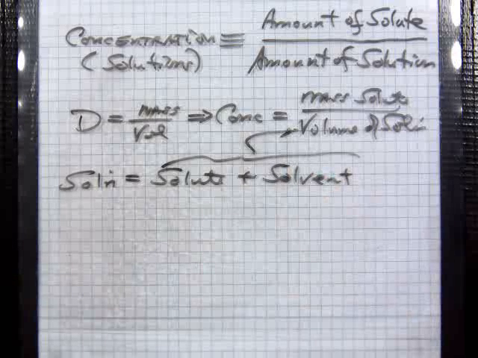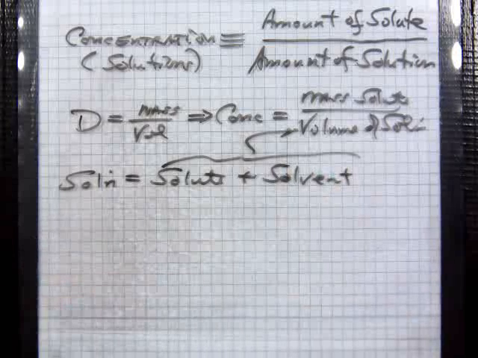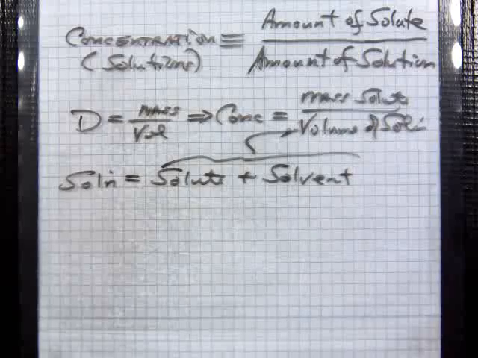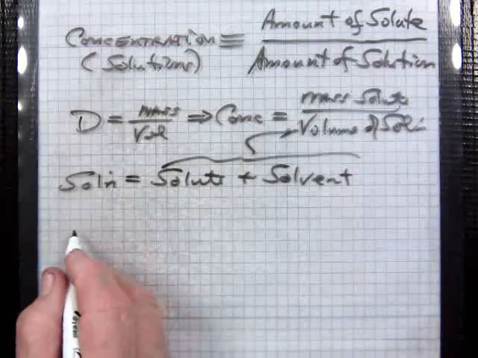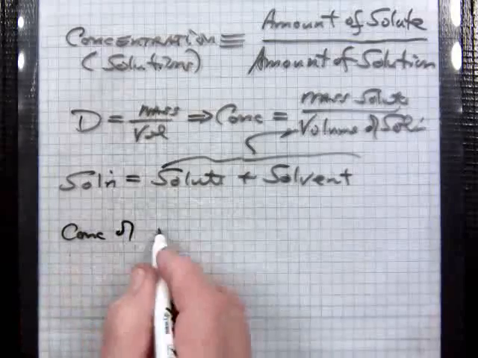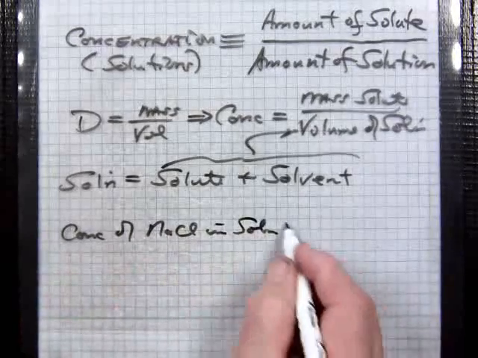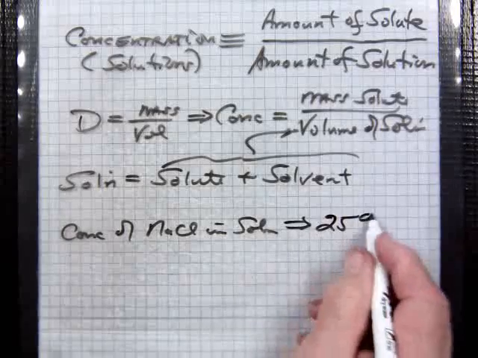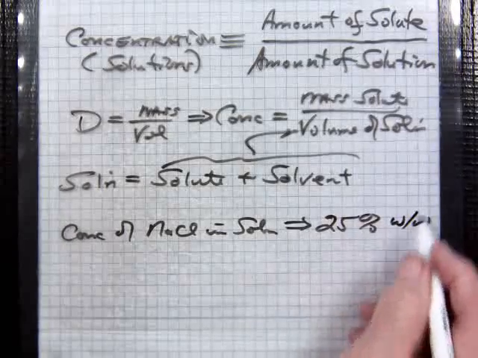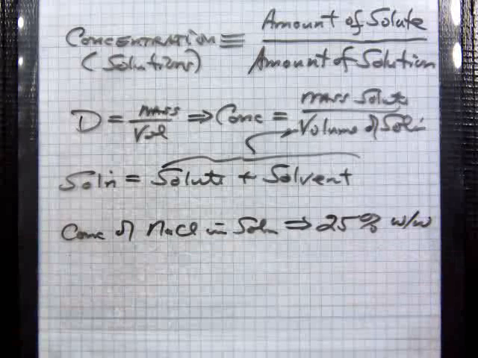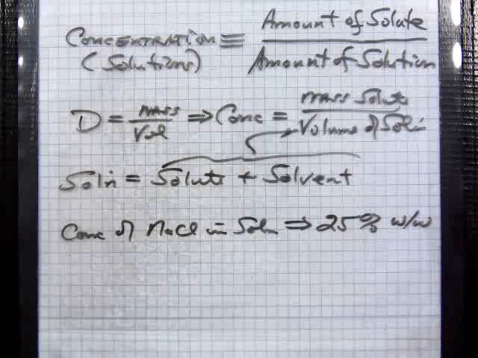Now, we'll be using concentrations in many ways. Earlier we did a quiz question where the concentration of NaCl in solution was given to be 25% W/W. That means it's a weight-weight ratio, so 25% of the total solution is whatever the concentration is.